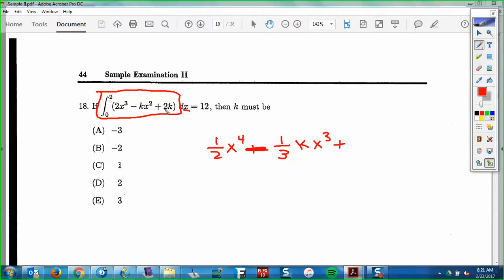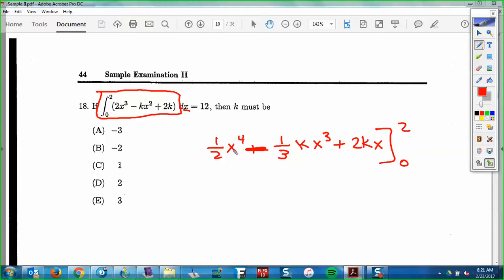So 2k is just like there was a 2 there. What's the antiderivative of 2? 2x. So what's the antiderivative of 2k? 2kx, right? The mistake people make is they want to treat it as a variable and raise it up like k squared or something. No, because 2k is just a number. So it's 2kx from 0 to 2.